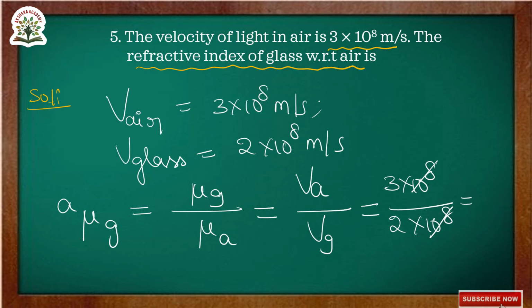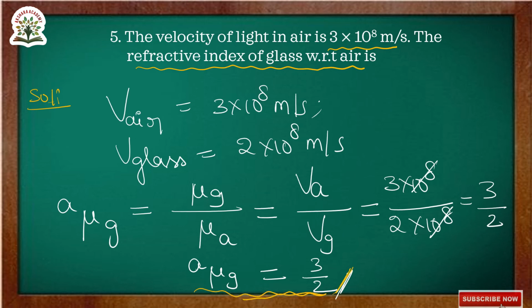So finally we are getting the answer. The refractive index of glass with respect to air, mu Ag, is equal to 3/2. This is the final answer. Okay, next we will go to the next question.